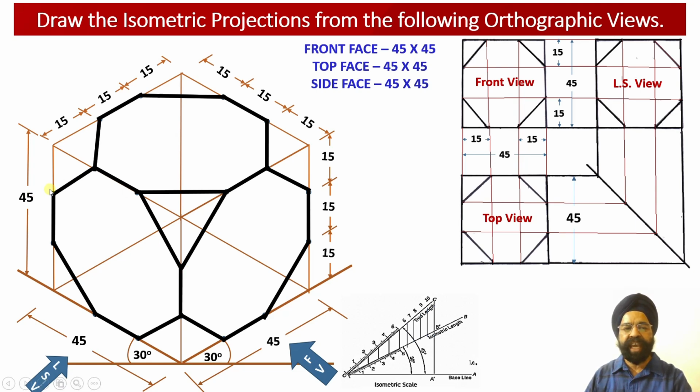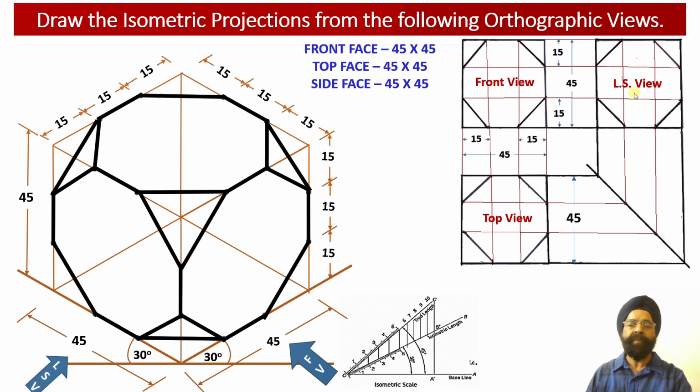And finally, we can join this edge, this edge, and this edge over here, so that we are able to obtain the completed 3D isometric projection corresponding to the engineering object for which the front view, top view, and left hand side view orthographic projections were available with us.